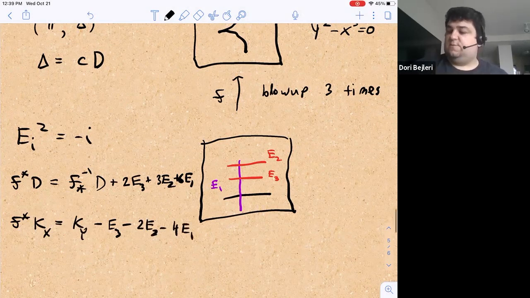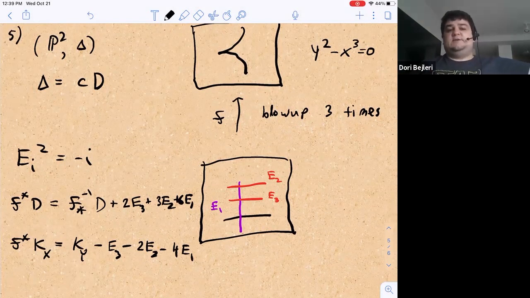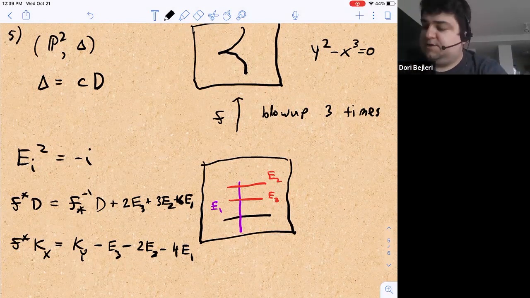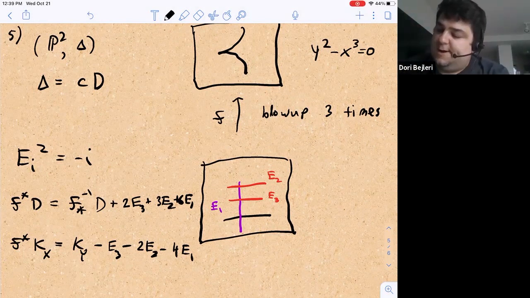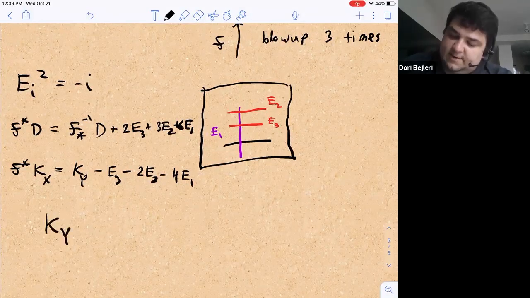And again, this is from using the formula that when you blow up once, you have to subtract one copy of the exceptional, but then when you pull back again, you have to subtract another copy of the exceptional plus some contribution coming from the first copy that you subtracted, because these blowups are all on exceptionals. Putting this all together, I'm going to write it in the log form rather than the regular discrepancy form.